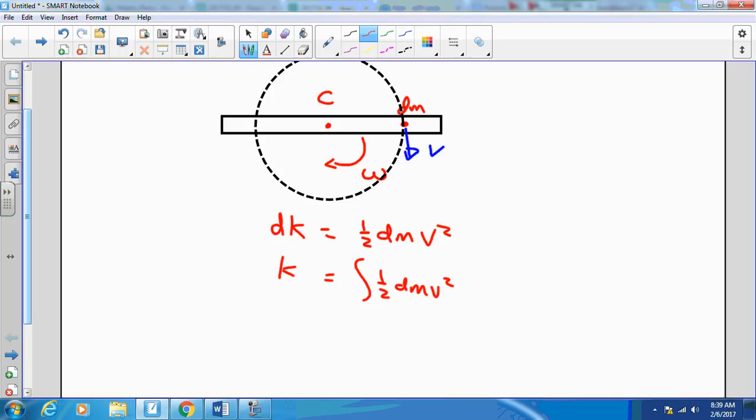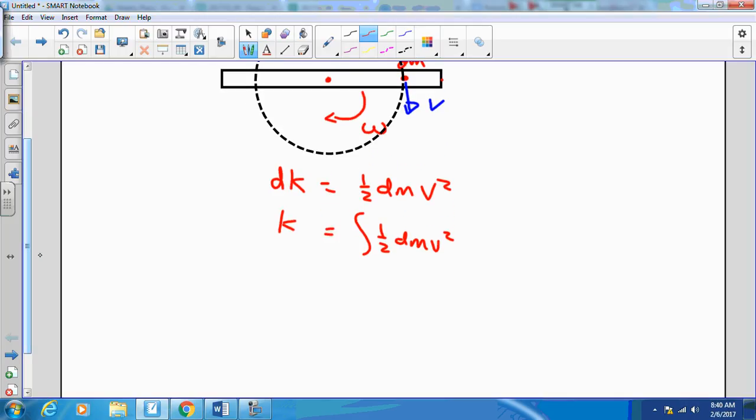That's easy, but it's also not very helpful because it doesn't relate to the rotational speed omega, and each one of these speeds is going to be different for each dm. In particular, the dm that sits right at the center is not going to be moving at all, and the dm out at the edge is going to be moving twice as fast as the dm that's halfway to the edge.